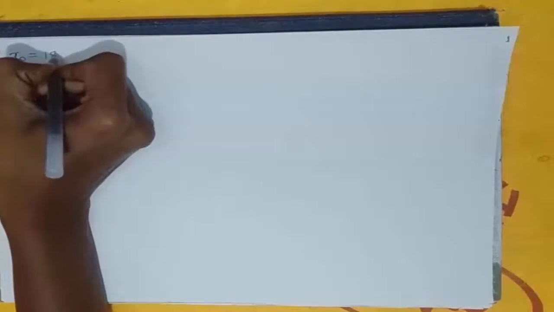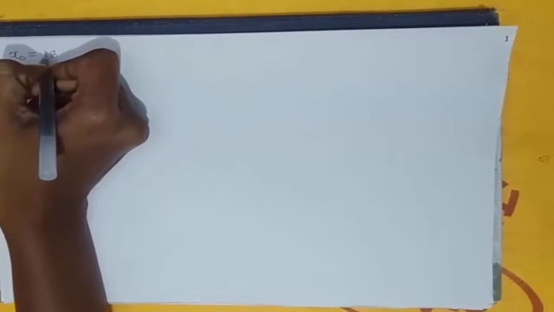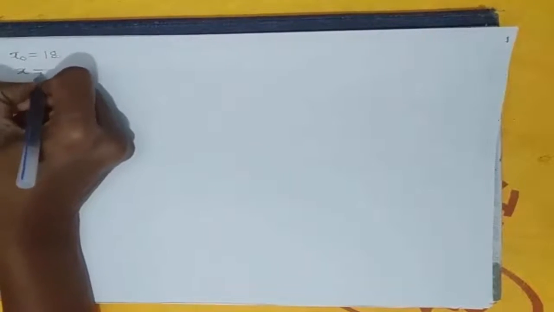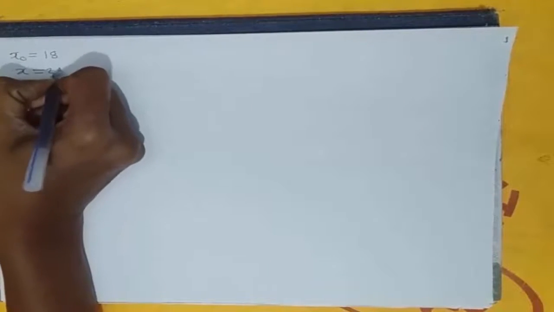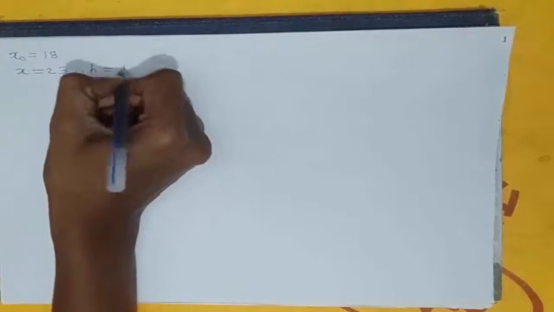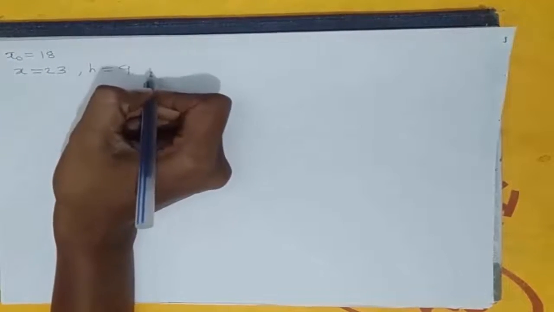Here x0 is 18, x is the interpolating value, that is 23, and h is 4, the difference between the equally spaced values.